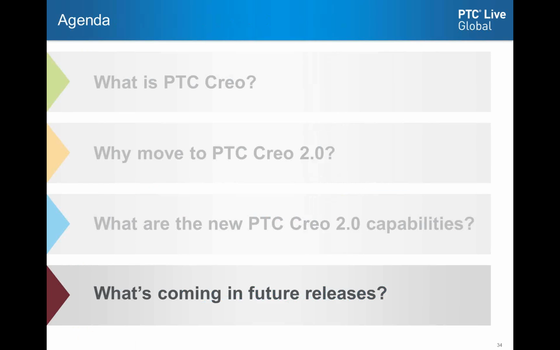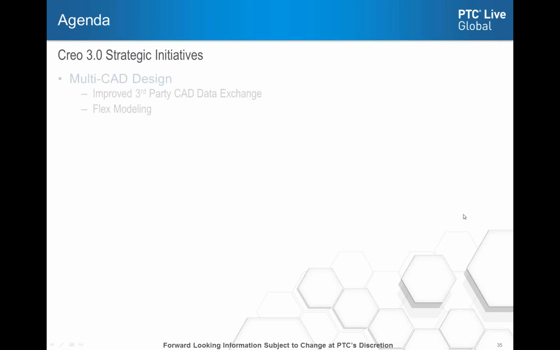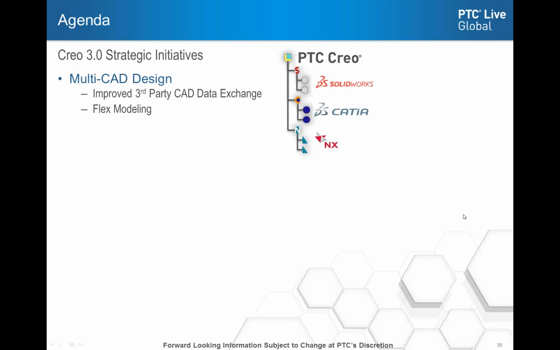So let's now take a quick look at what's coming in Creo 3. There are a number of key initiatives that we've invested in Creo 3. The first one is around multi-CAD design and improving our ability to work with third-party data, improving our ability to both import, manipulate, and work with that.